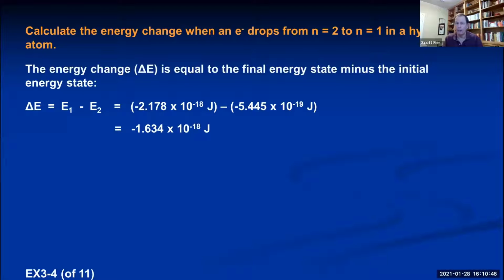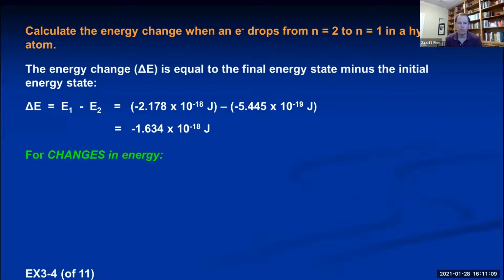Now, why are we going final minus initial? If you did it the other way around, and if you went E2 minus E1, you know what answer you'd get? The same thing, 1.634 times 10 to the minus 18th joules, but it would be a positive number. The reason we do it this way is that physics wants to have a definition for when you're calculating changes in energy. Because when you change energy, you can either be absorbing or releasing.